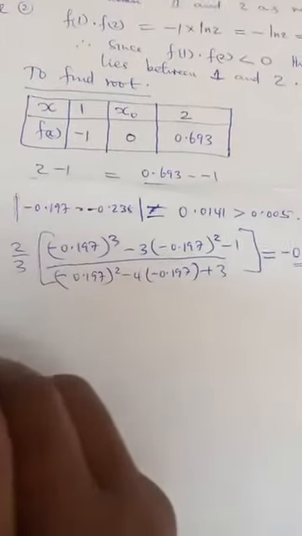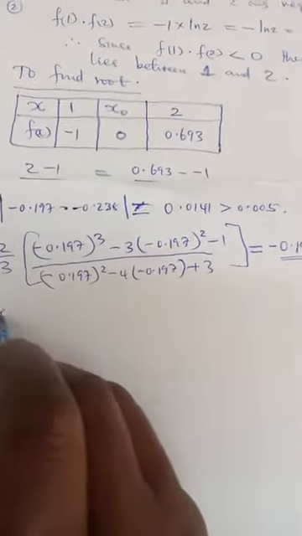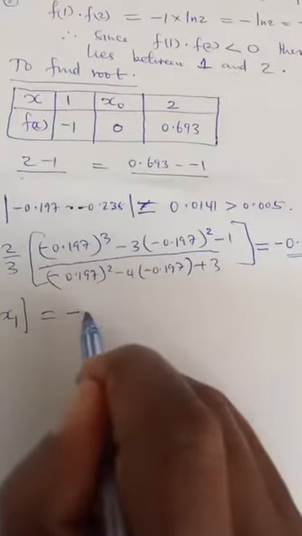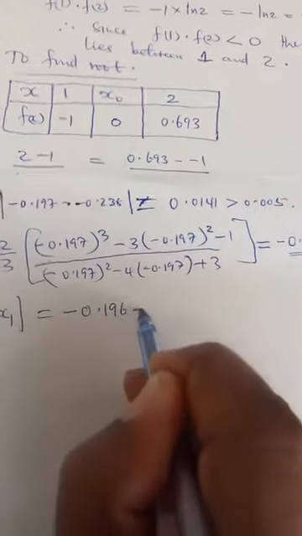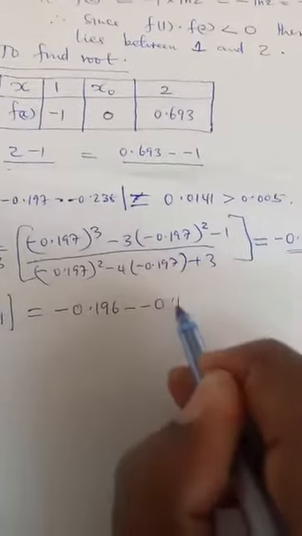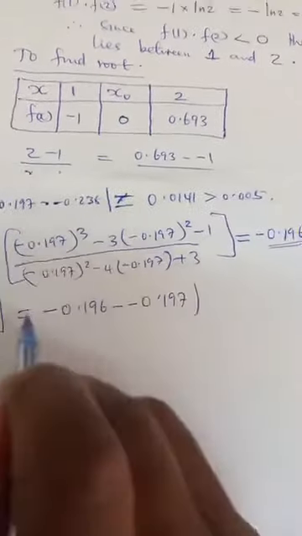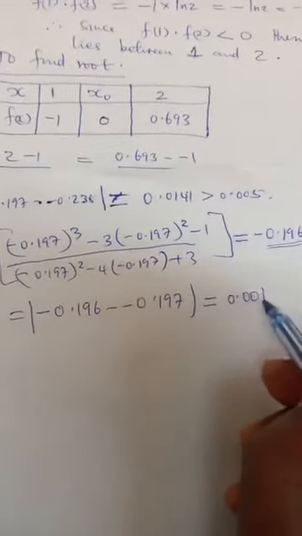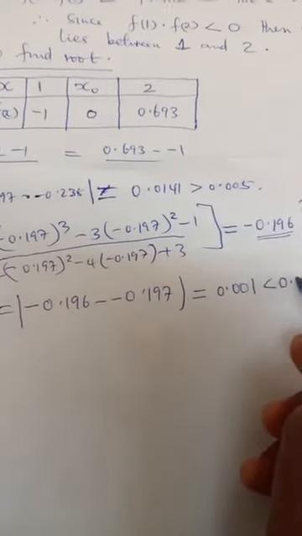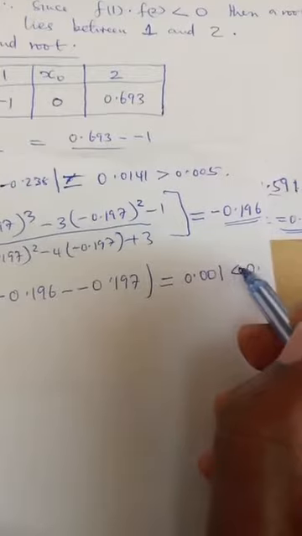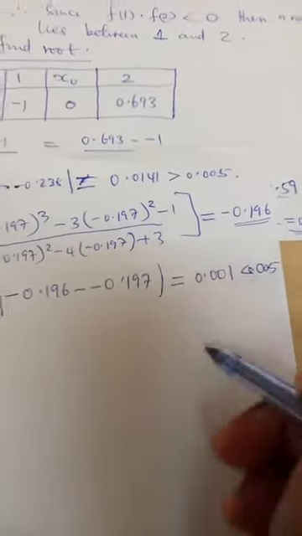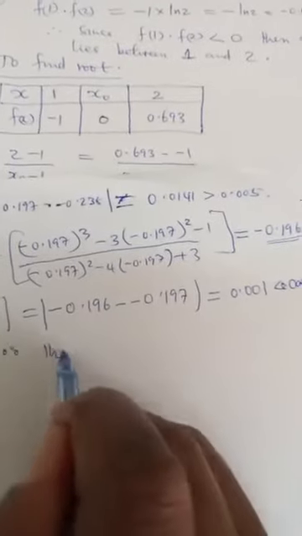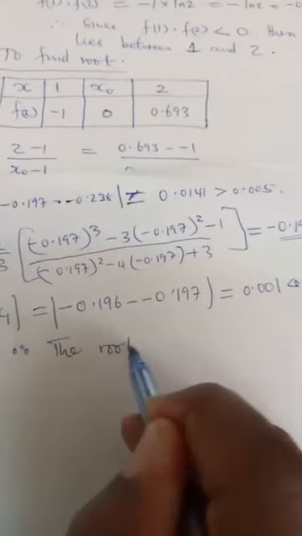If we check for the convergence, we get negative 0.196 minus negative 0.197. This gives us a value of 0.001, which is now less than 0.005. And we can conclude here that the root is now obtained.